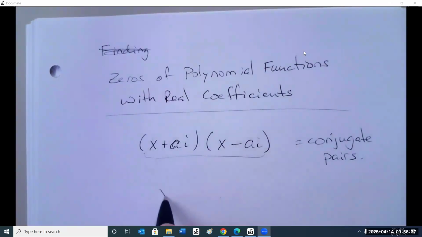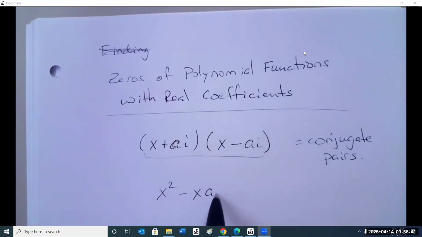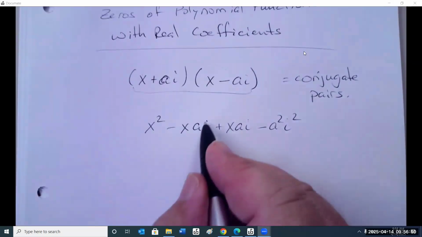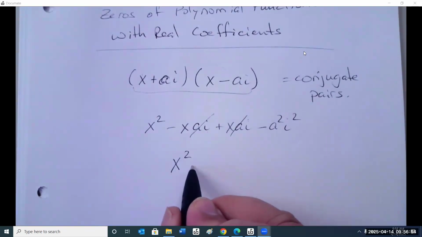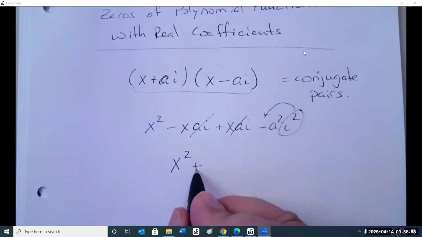We get x times x is x squared, negative x ai, positive x ai, minus a squared i squared. Middle terms cancel. This i squared changes the sign in front of there, so it becomes a plus.